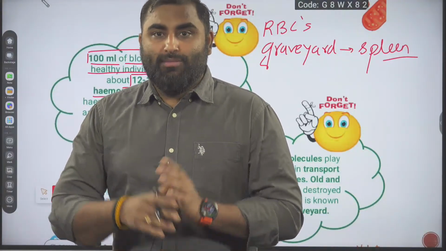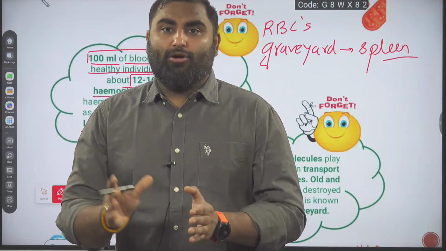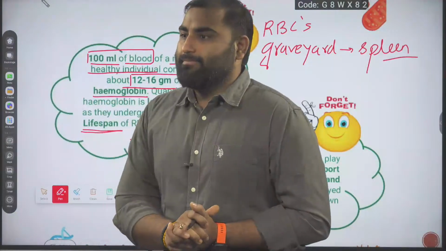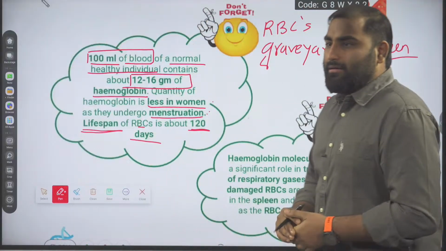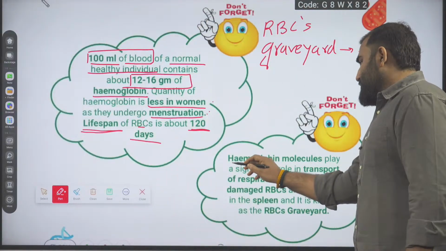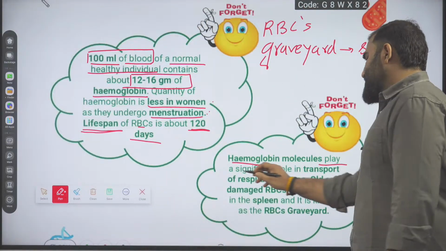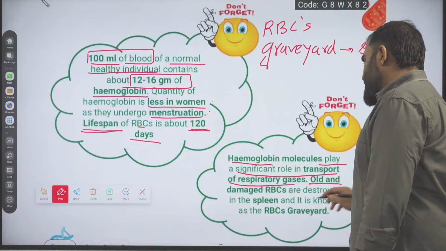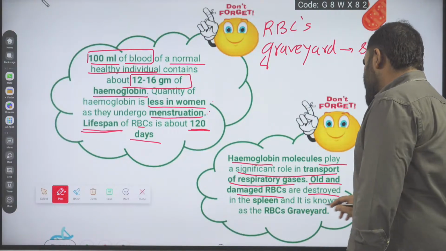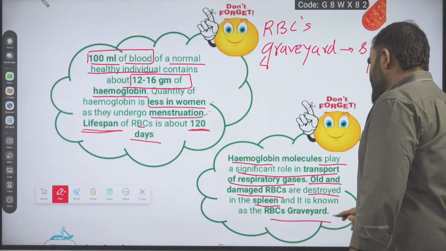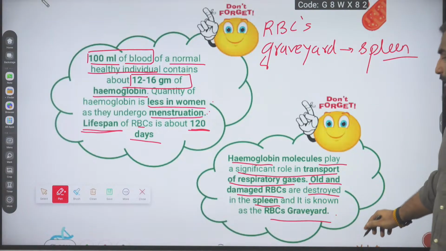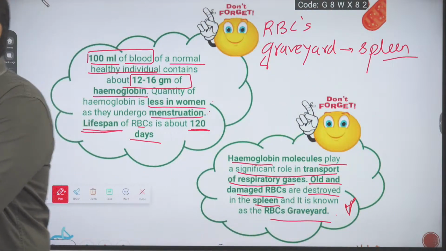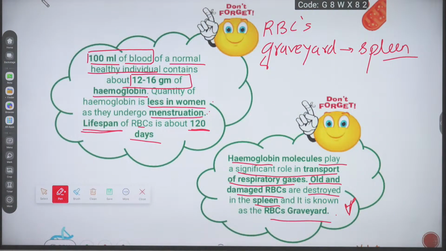Many people just know that hemoglobin transports only oxygen, but it can also transport CO2. Hemoglobin plays a significant role in transport of respiratory gases. Old and damaged RBC are destroyed in the spleen, and the spleen is known as RBC's graveyard. Very, very important function.